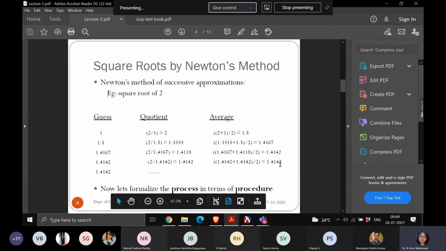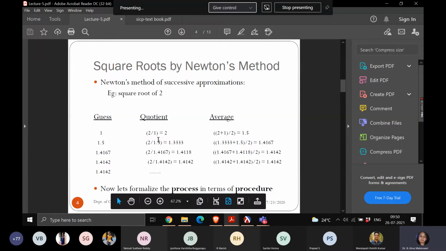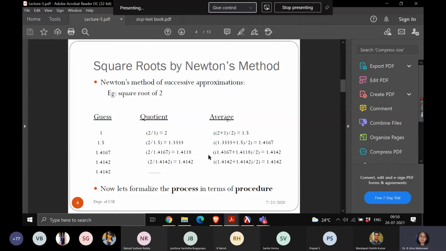If you find that the previous guess is 1.4142 and in the next iteration you are also getting the same 1.4142, then you can stop. Or you can continue and experiment whether you get a different value or not. I hope you understood how Newton's method is useful for finding the square root of a number.